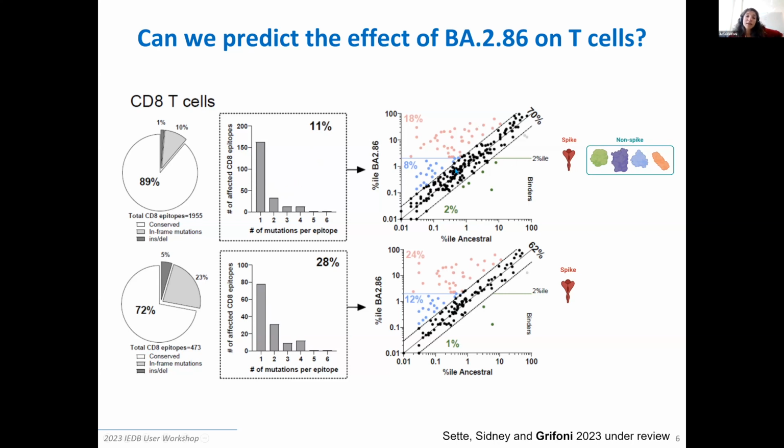And so once we look at these data in terms of prediction, we see that still a larger fraction, 70% and 62%, of the restriction is retained, but the amount of decreased binding observed with mutated epitopes goes higher, to 18% and 24%.